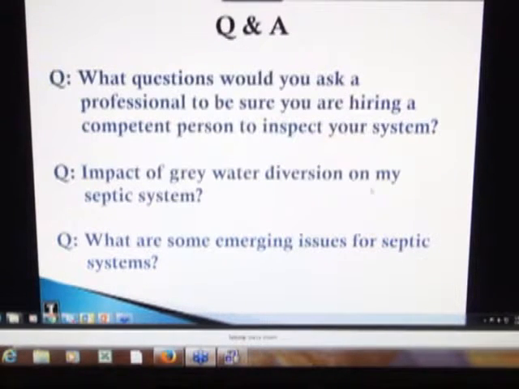Okay, I guess the impact it would have is actually a beneficial one for your septic tank. If our message is that you should try not to put too much water through your system, or minimize it where you can, then diverting water away should give your septic system more time for the bacteria to do their job and break down the things in the water.